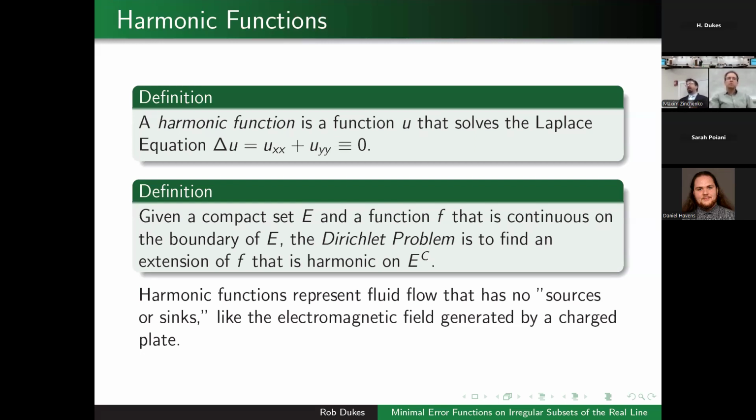If you take multivariable, there's the first derivative test, which would show you that this could not be a max or min if this is true. So the electromagnetic field generated by a charged plate is an example of this. The field lines that it throws out will not have any sources or sinks outside of the plate itself.